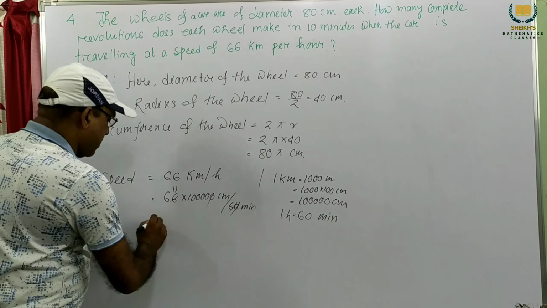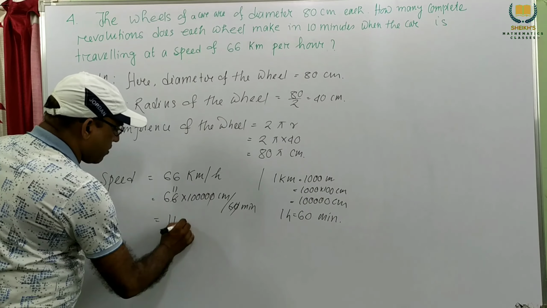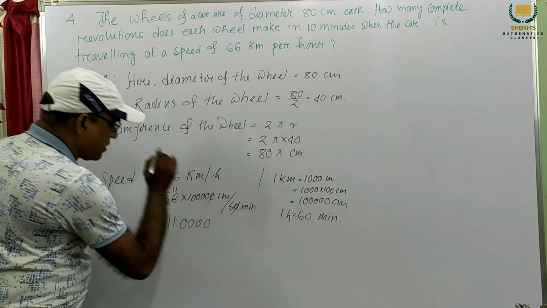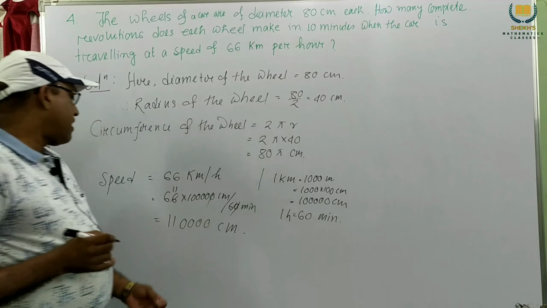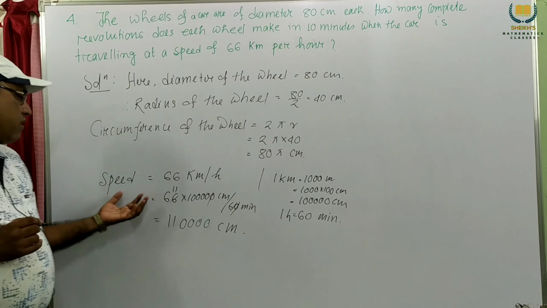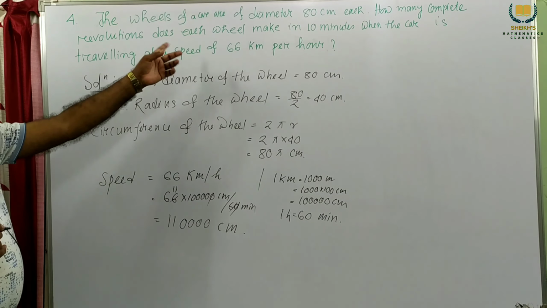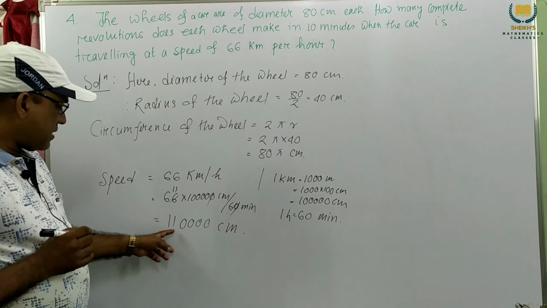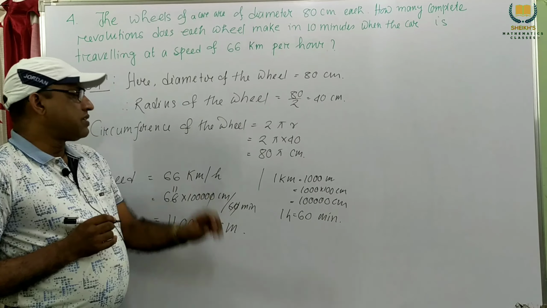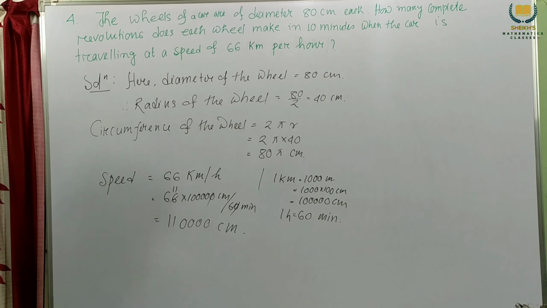We get 11 and 4 zeros centimeter. This is the speed of the car. Speed equal to 110000 centimeter per minute. So this is our speed.